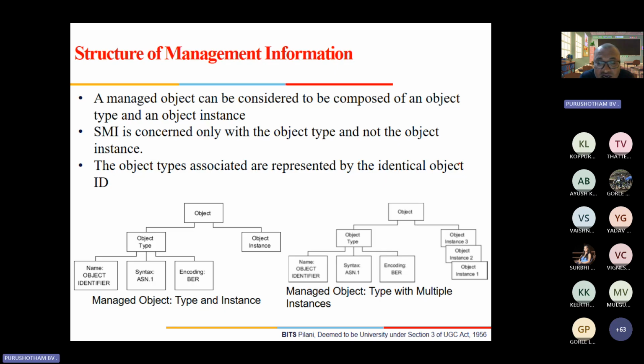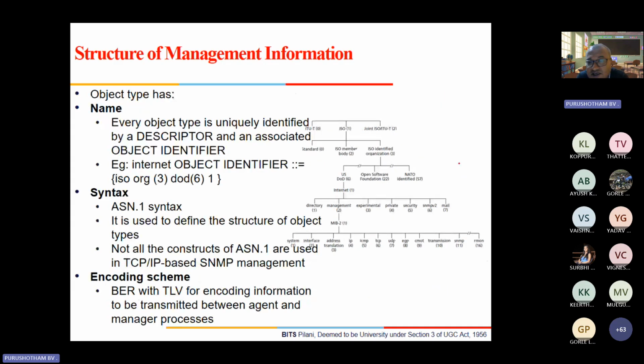So there are managed objects with multiple instances. At that time, object 1, object 2, object 3, like interface instances, will be there at the object instance side. This is what the structure of the MIB is going to be considered.